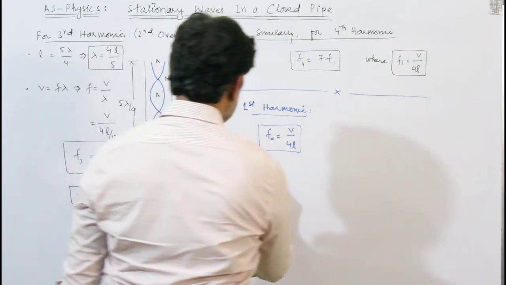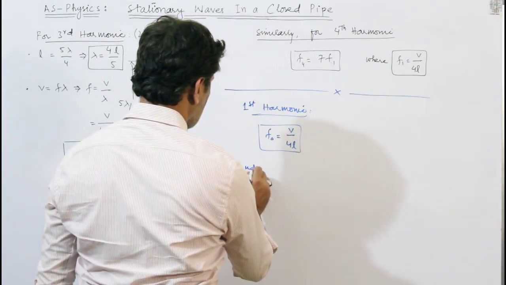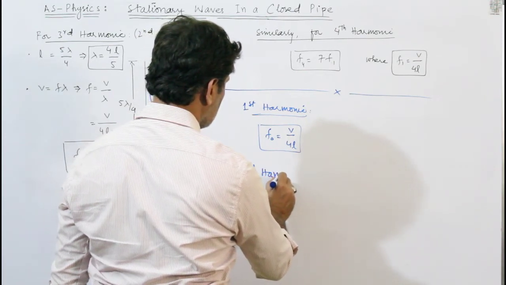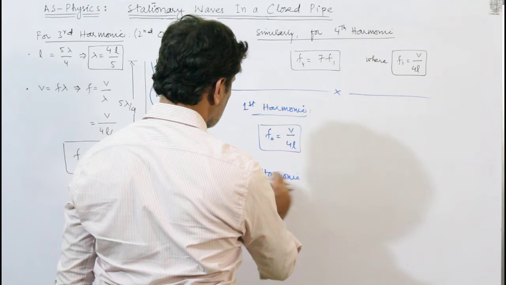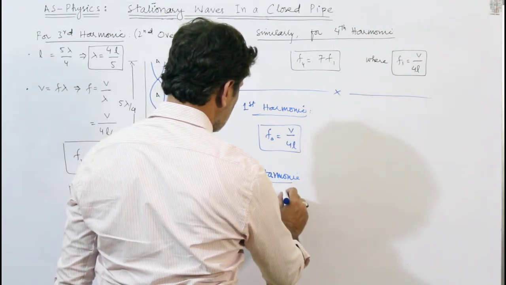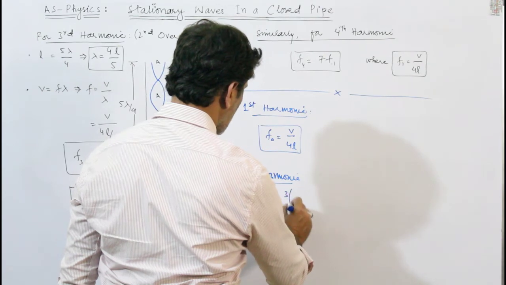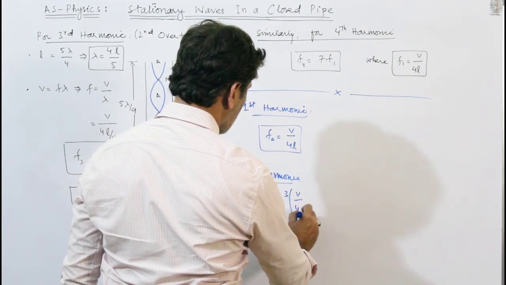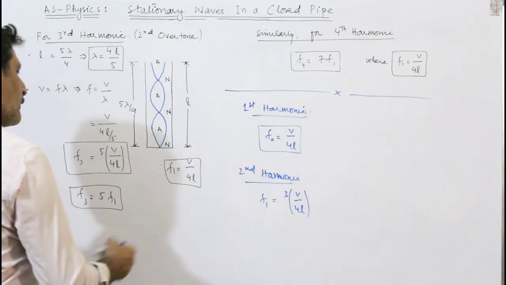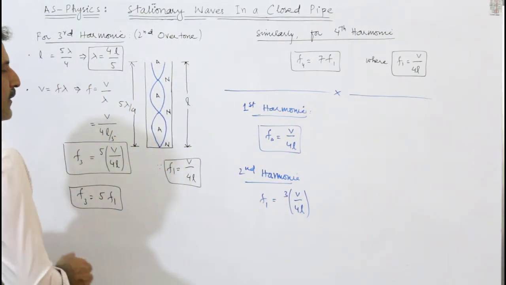And for the second harmonic, that is the first overtone, we have here F1 is equal to 3 times V over 4L. So there is a difference between these video lectures and the written lectures.